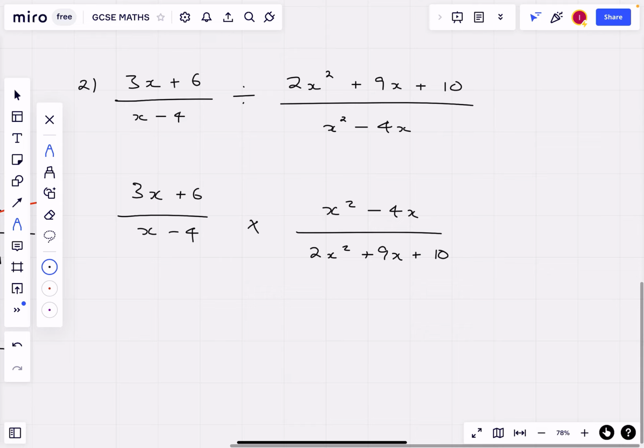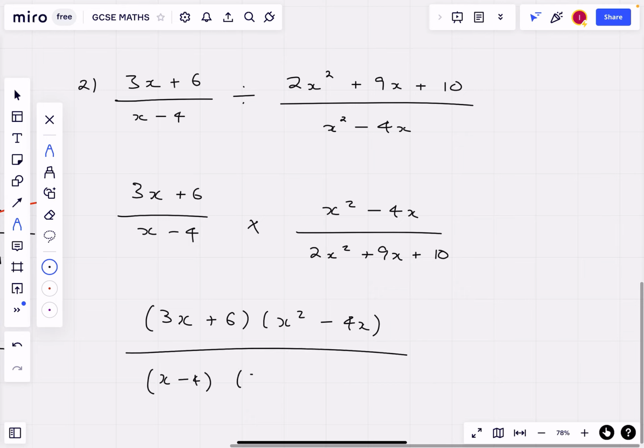So I flipped the fraction on the right upside down, and now instead of divide, I'm going to times them. So 3x plus 6 in brackets, x squared minus 4x in brackets, x minus 4, 2x squared plus 9x plus 10. And now I want to factorize the fraction that was originally on the right.